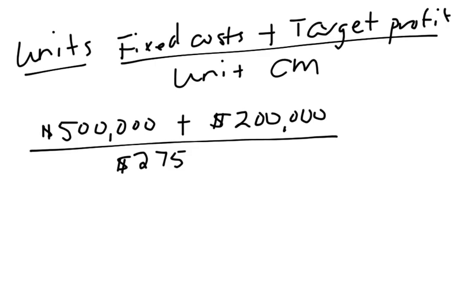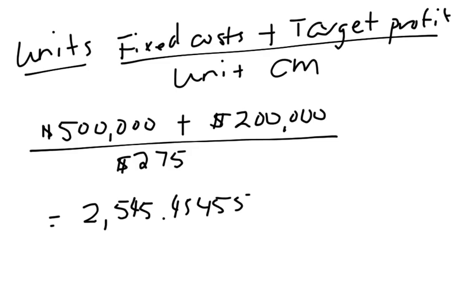So when we do that, that's going to give me 2,545.45455 if I round it off at that point. So this tells me that if I want to earn a $200,000 profit, I'm going to have to sell 2,546 units to get that $200,000 profit.